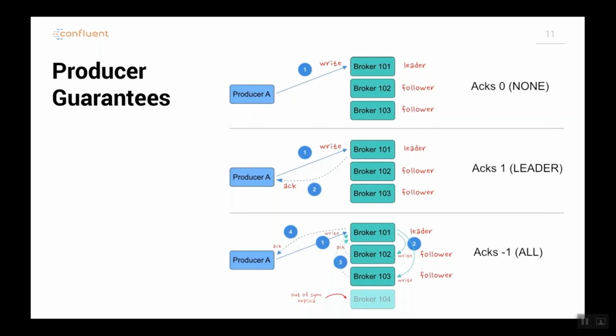acks=1 is the default setting for this property, and it's a balance between performance and durability in that it does wait for an acknowledgement, but only from the leader for the given partition that you're writing to. It does not wait for all the replication to complete, but only for the leader.